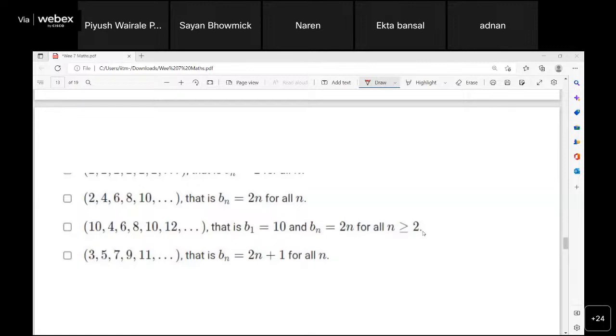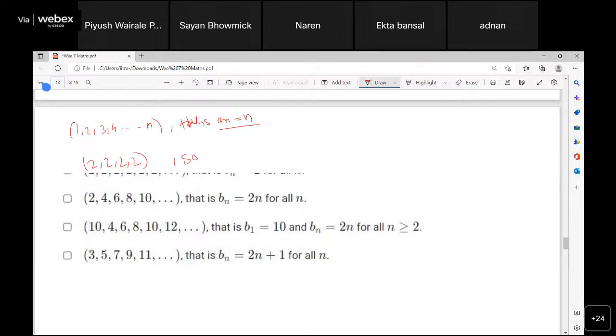Okay, the sequence is like this. I'm writing it down here. We have a sequence 1, 2, 3, 4, 1, 2, 3, 4, till n, that is an equals n, right? And what is the first option? It is 2, comma 2, comma 2, comma 2. This is basically the activity question 7.4, question number 3. Okay, so bn equals 2 for all n.